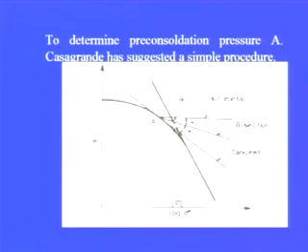If the pressure range is from here up to sigma c bar, the soil will behave as pre-consolidated clay, and for the pressure range more than sigma c bar, it will behave as normally consolidated clay. So, in this range we will have to use the coefficient of recompression, whereas in this range we will have to use the coefficient of compression to determine consolidation settlement. That may become more clear in the next explanation.